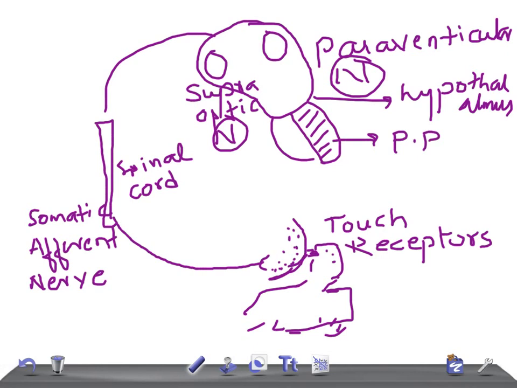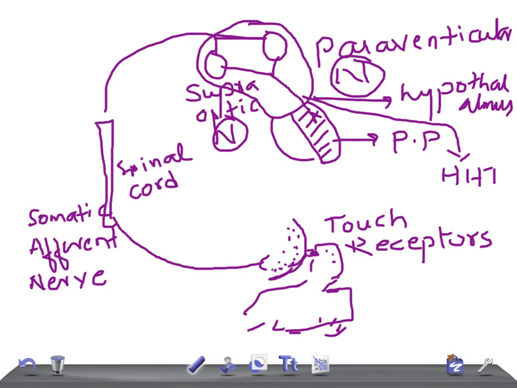It sends some fibers from over here, and the fibers that carry impulses from the paraventricular and supraoptic nucleus to the posterior pituitary are known as the hypothalamo-hypophyseal tract.